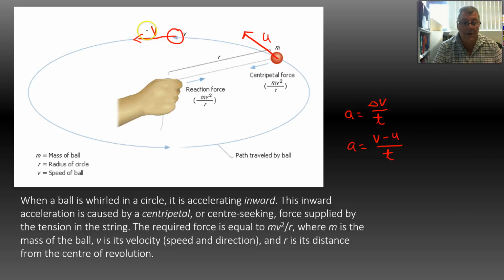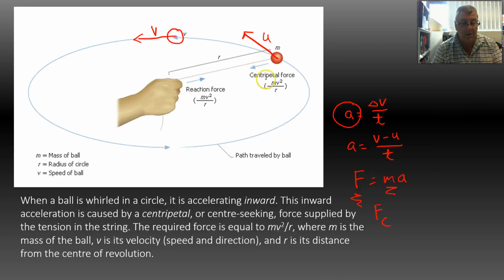This clearly represents a change in velocity. It's pointing in one direction and now in a different direction, so we must have an acceleration. And if we have an acceleration, we can say that F equals ma. The mass is constant, so there must be a force being applied, and we call this force centripetal force.